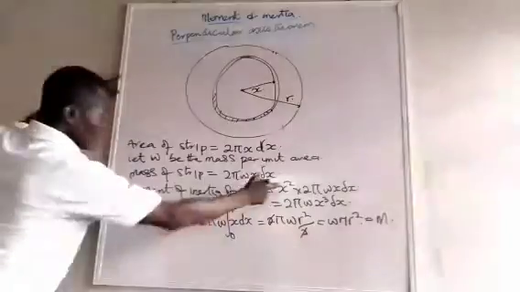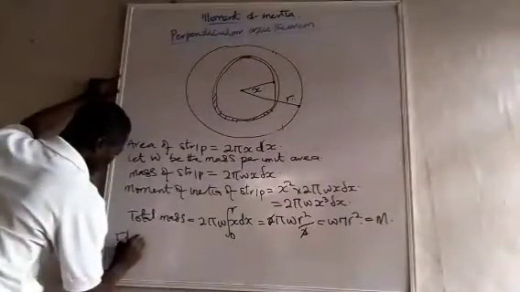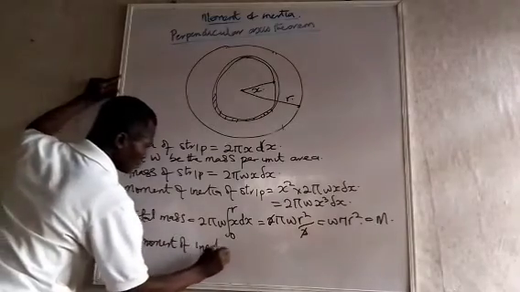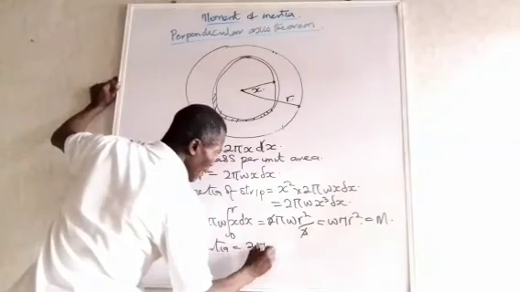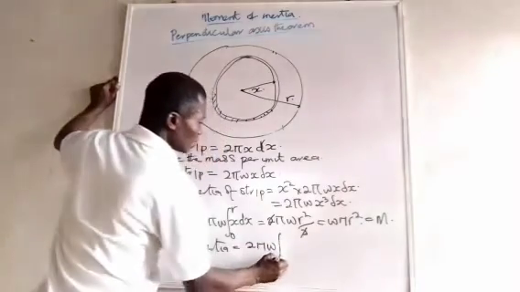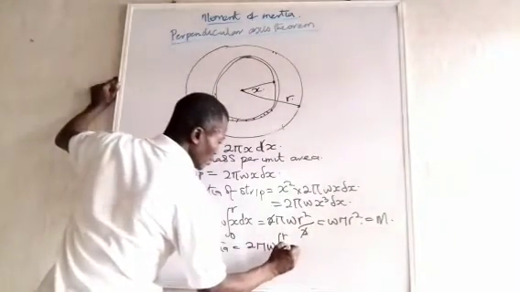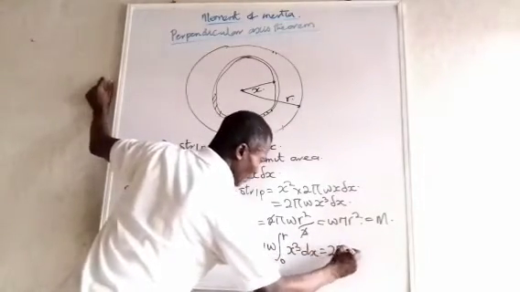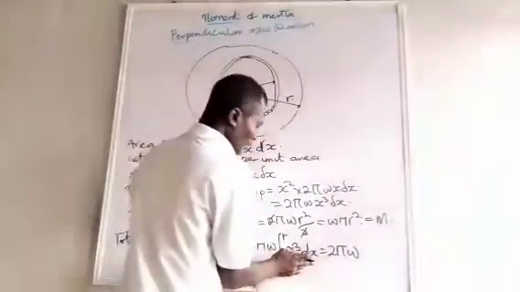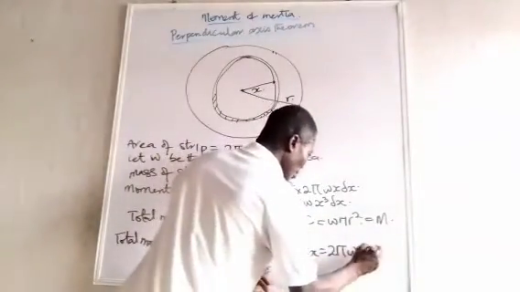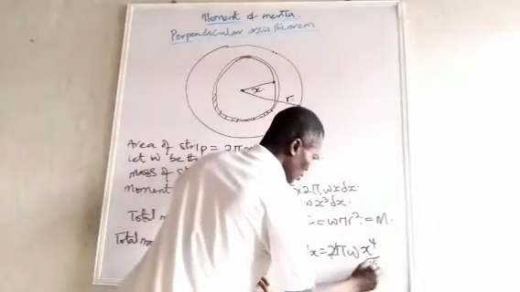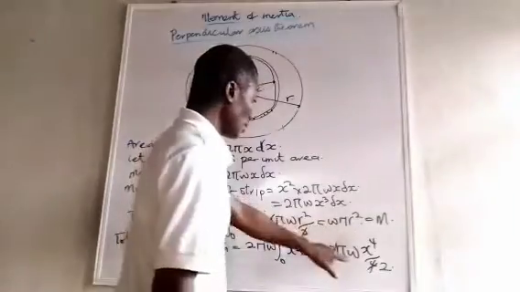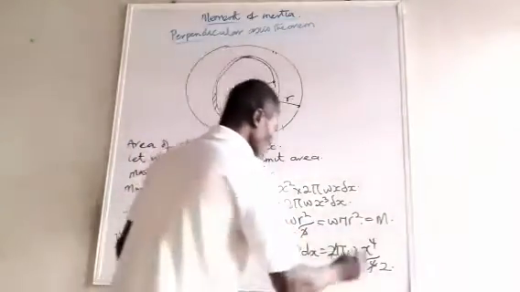This time around, let's now calculate our total moment of inertia. It's going to be the integral of 2 pi W x cubed, which is 2 pi W x raised to the power 4 over 4. So this one will be r.